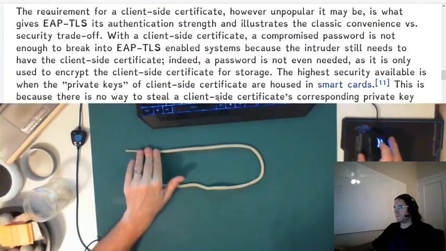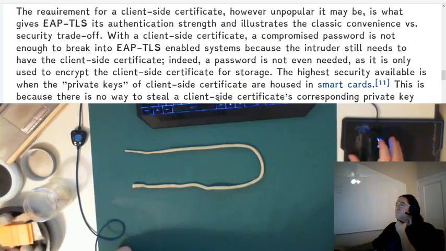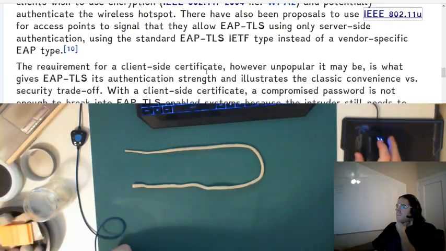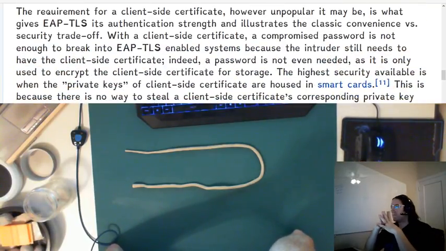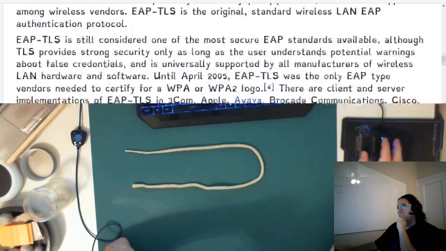EAP-TLS. Okay. I think I'm actually done.